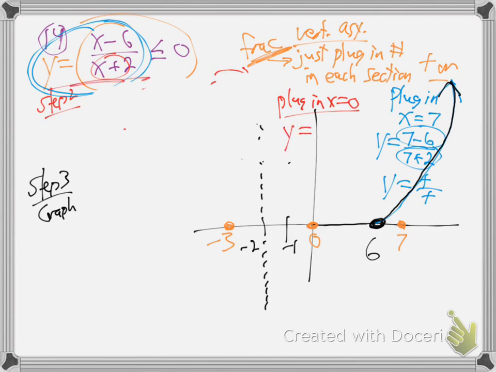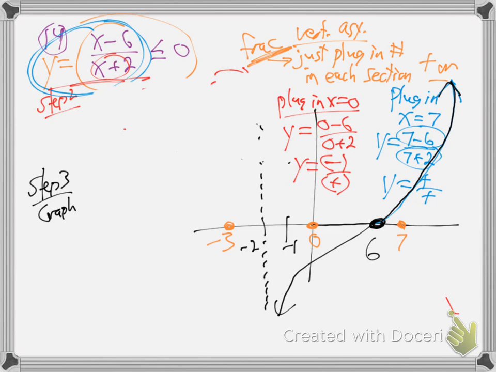So y equals 0 minus 6 over 0 plus 2. y equals negative over positive. Remember, who cares about the numbers? Just find out if it's negative or positive. What's negative over positive? Negative. So that function must be down here. Right? It's got to be negative.